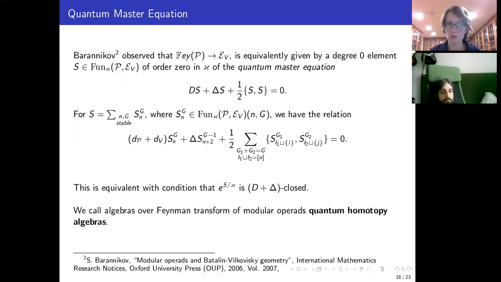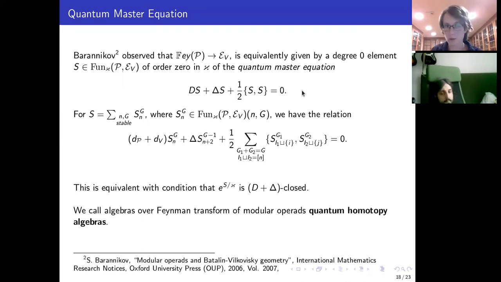And this element should be degree 0 and order 0 in kappa, and satisfy the quantum master equation, which basically means that we have this equation. It's kind of different from the quantum master equation I showed at the beginning, because there is no h bar or kappa in this equation.